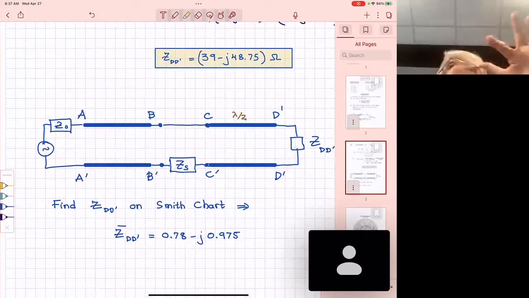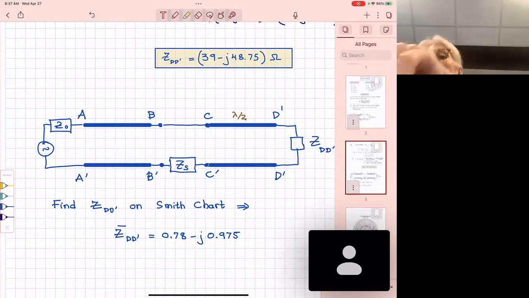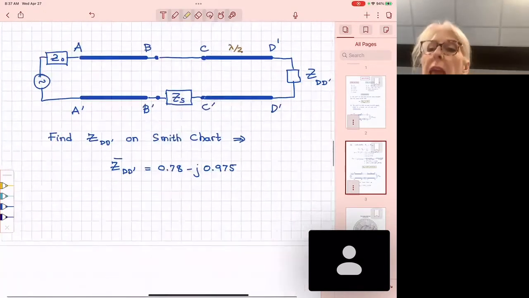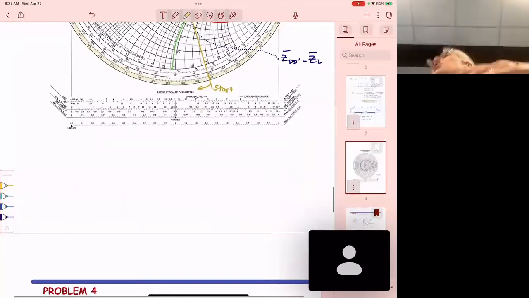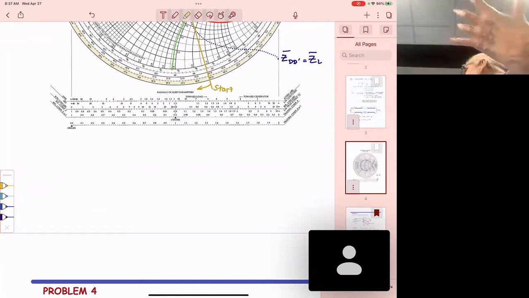I would say immediately, okay, if I know ZDD prime, my impedance at CC prime is identical. So if you don't remember that, then do the Smith chart, but make sure that you know how to go around the Smith chart, all right? Because if you do it correctly, you're gonna find the right result, even if you don't remember.